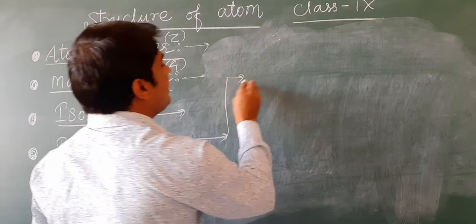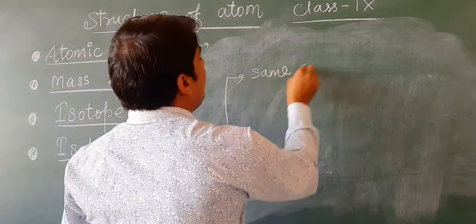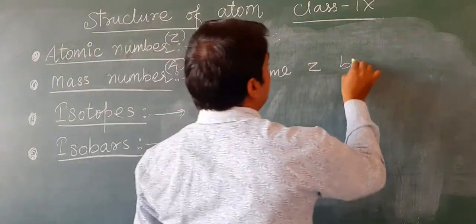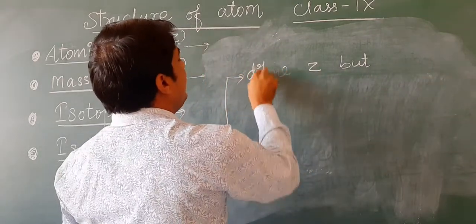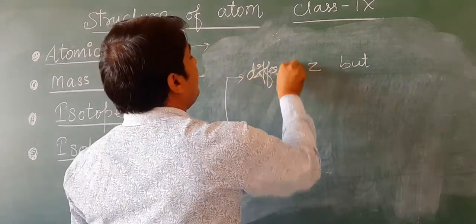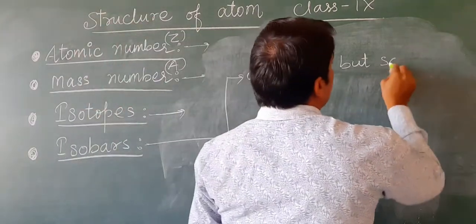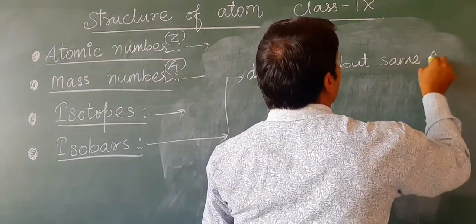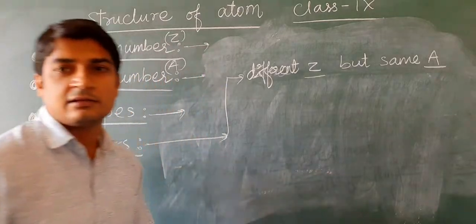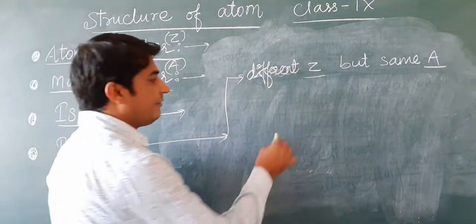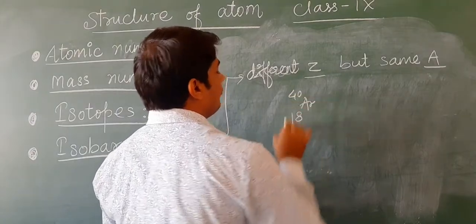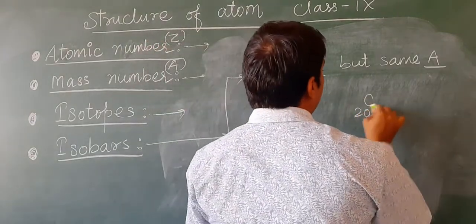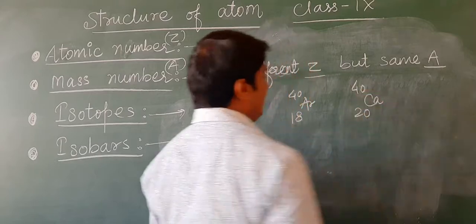In isobars we can say different atomic number but same mass number. I am writing one example. For example, 18 argon 40, 20 calcium 40.